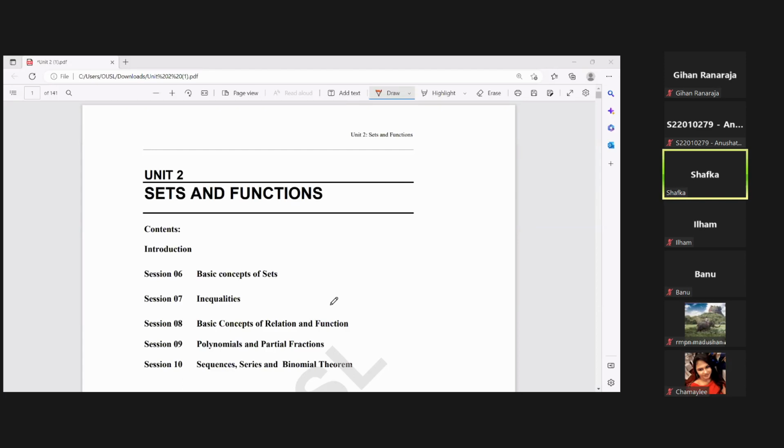I hope you all have studied this in your O-levels as well. So what is a set?